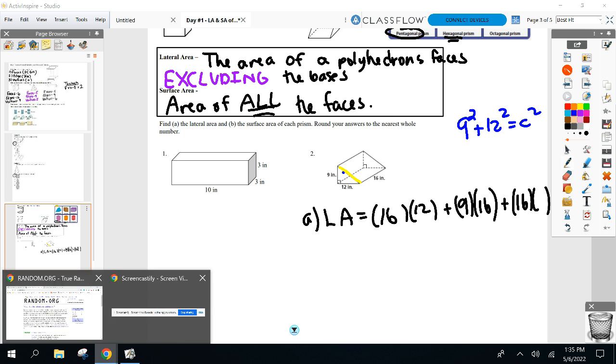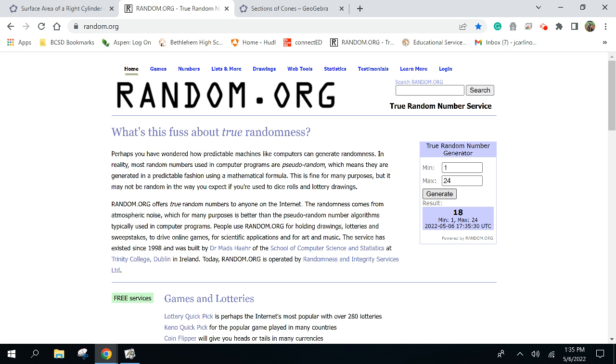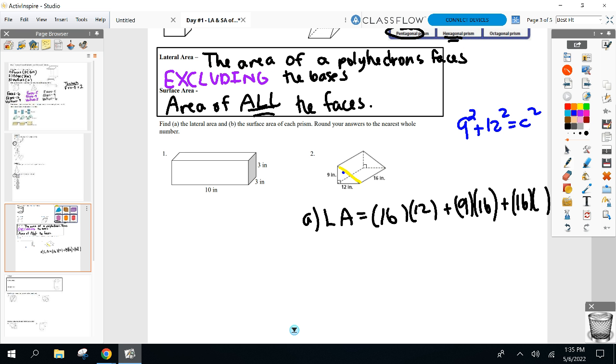Let me know what the missing base is when you're ready. 15. And then we just crunch away in the calculator.